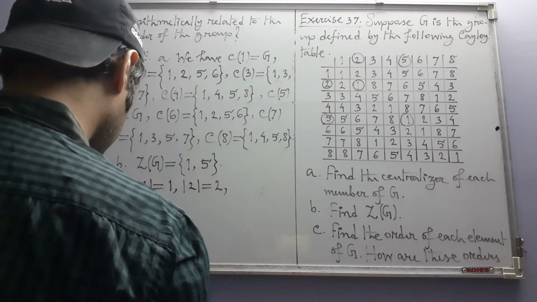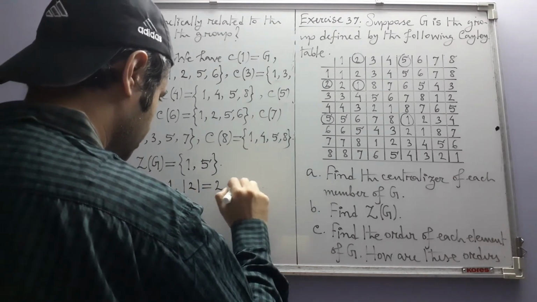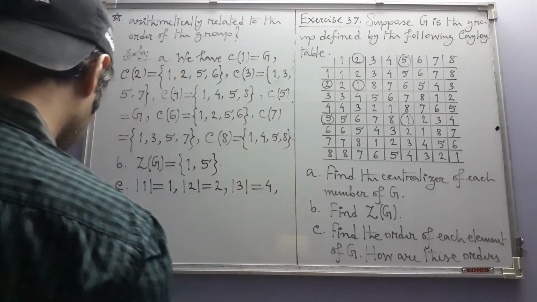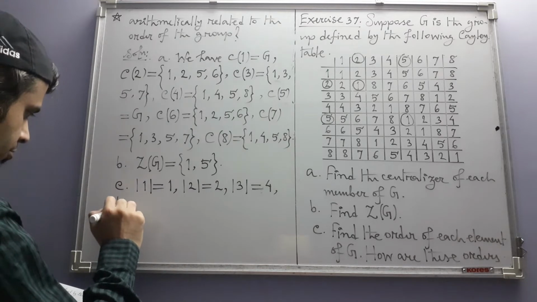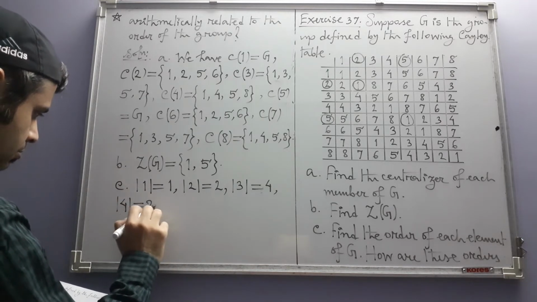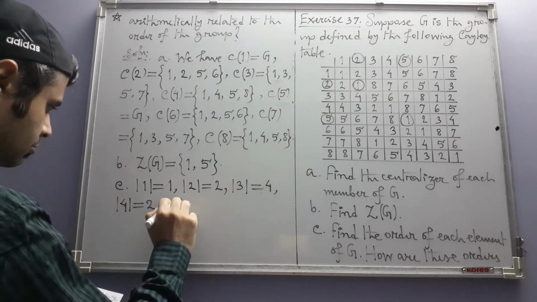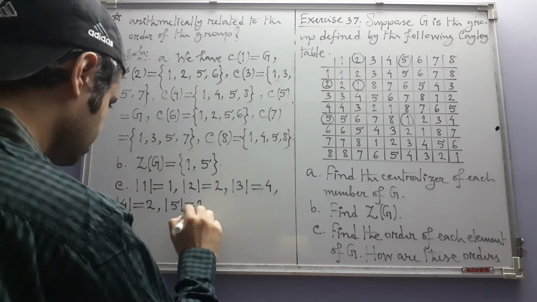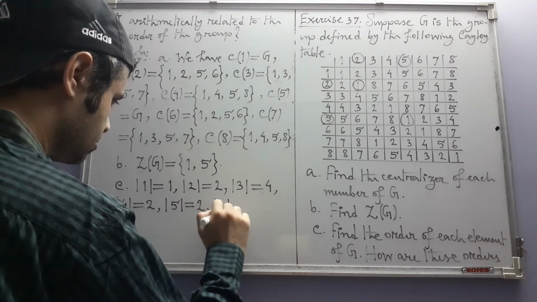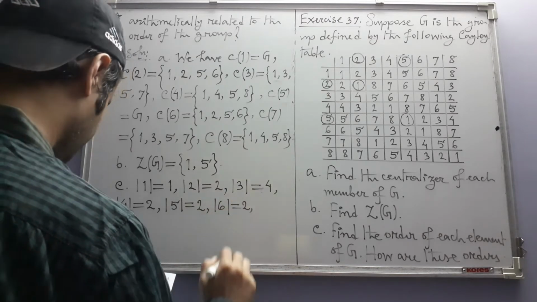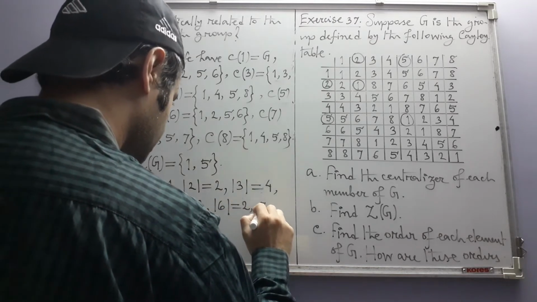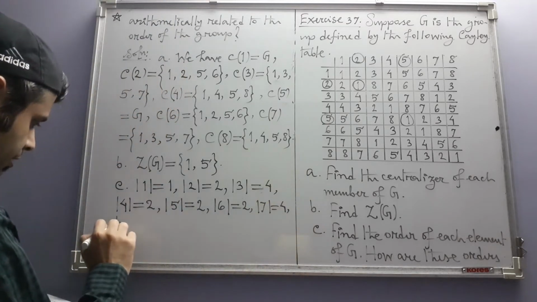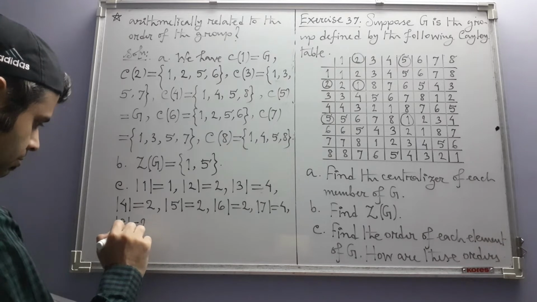Like that, if you keep on calculating, you will get order of 3 equal to 4, order of 4 is 2, order of 5 is 2, order of 6 is 2, order of 7 is 4, and order of 8 is 2.